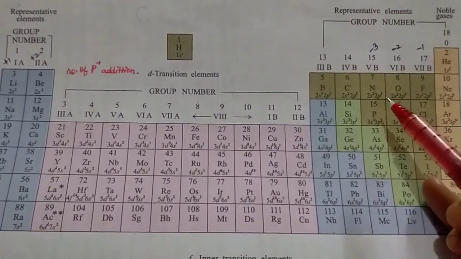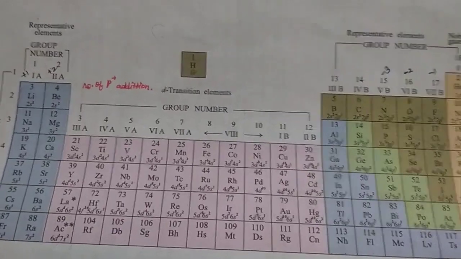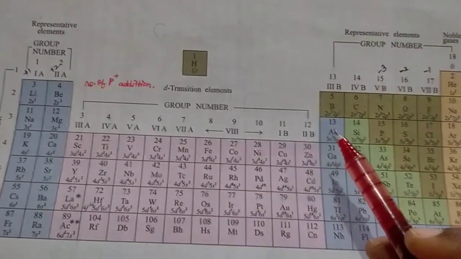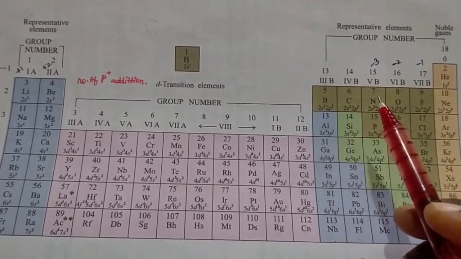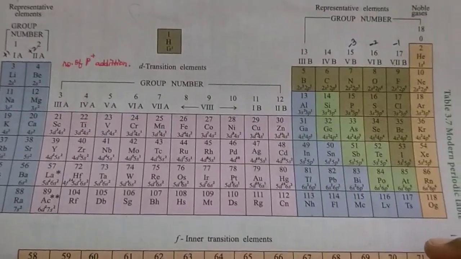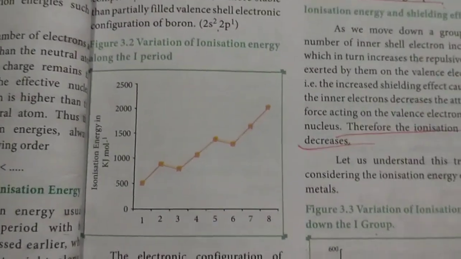Okay. But the ionization energy has some exceptions in this period 2 when calculating the ionization energy. Take page number 85.